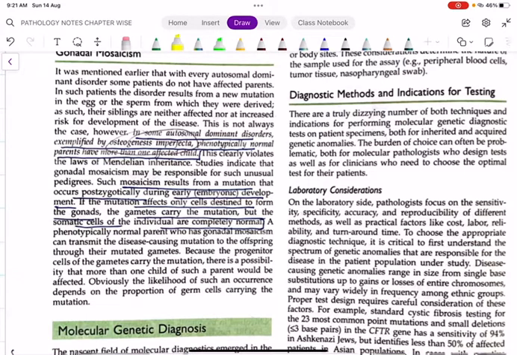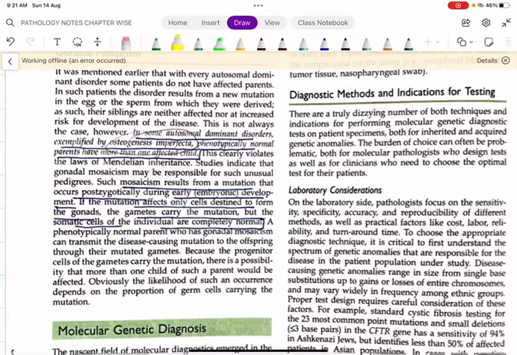At the same time, when the mutation is carried by somatic cells, there won't be any problem. So what is gonadal mosaicism? Phenotypically normal parents have an affected child. Why? Because the mutation is carried by gametes, so the child will be affected. If it is carried by somatic cells, no problem, and the child will be normal.